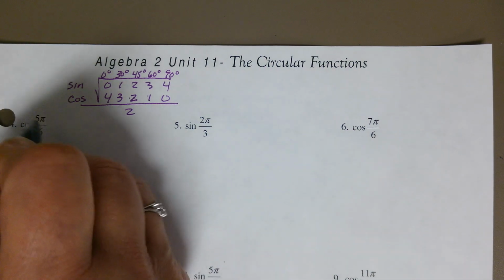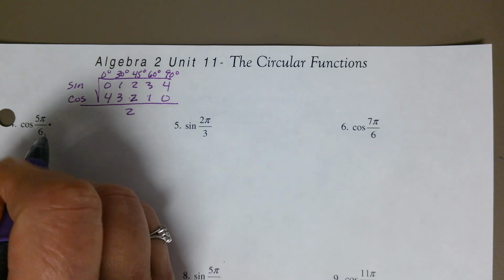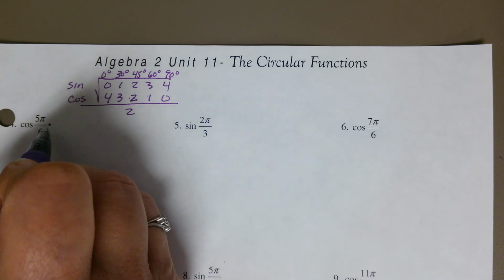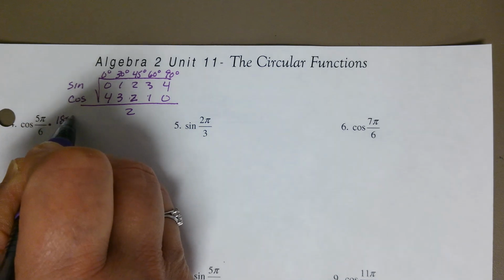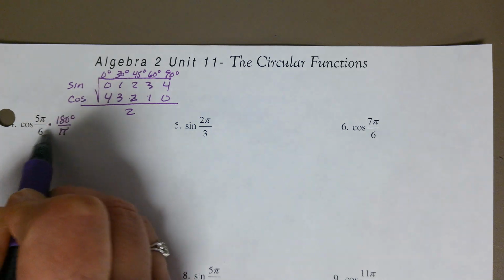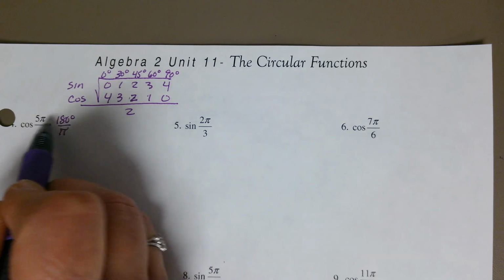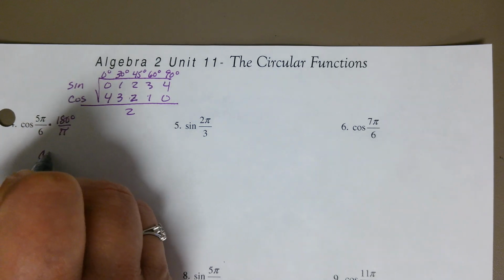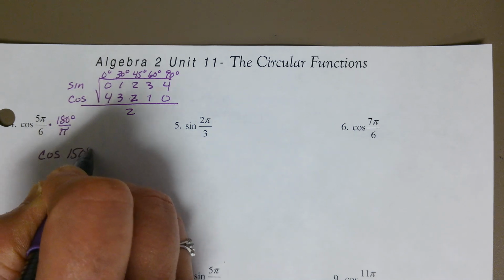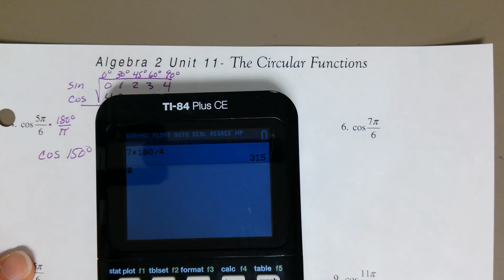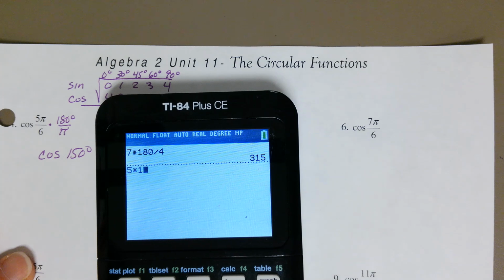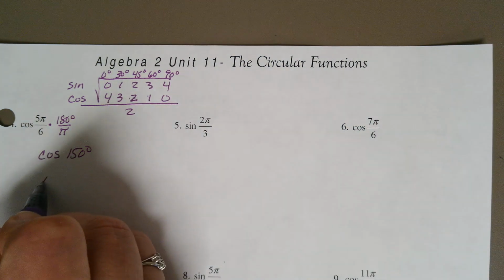Cosine of 5 pi over 6. Again, if you want, convert to degrees. So this is cosine of 150. 5 times 180 divided by 6 is a 150 degree angle.